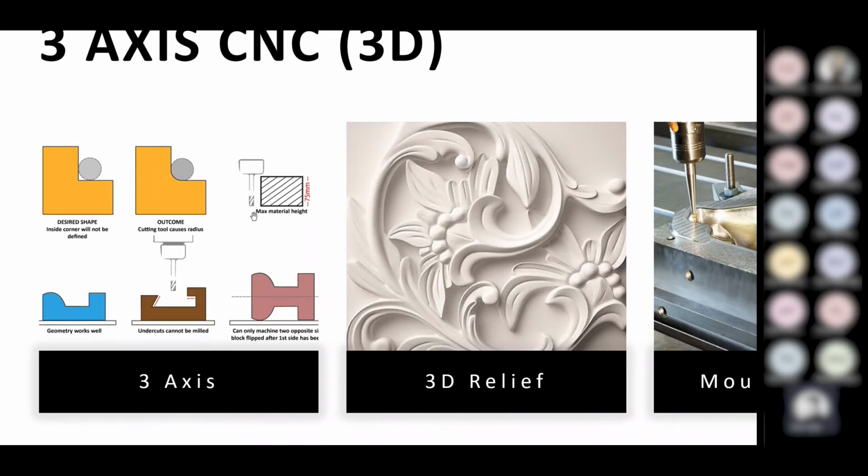So essentially, the wider the mill bit, the higher it can be. If you're doing really thin detail work, the thinner that mill bit needs to be, which means the lower that mill bit needs to be as well, because otherwise it will snap as it's cutting the material. So the smaller the mill bit, the lower the material height you can use in the machine. So you need to kind of factor this in, I think, when you're trying to fabricate.